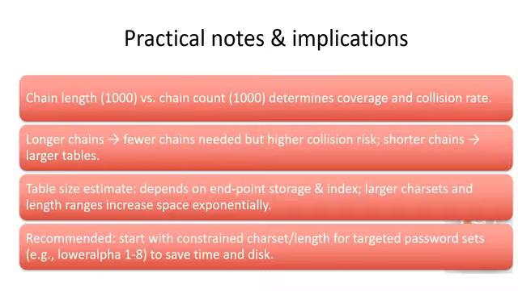Larger char sets and length ranges increase space exponentially. So if you have a large char set, you could be using a lot of space. It's recommended to start with constrained char sets and lengths for targeted password sets. So lower alpha, the lowercase alpha 1 through 8, is one of the char sets.